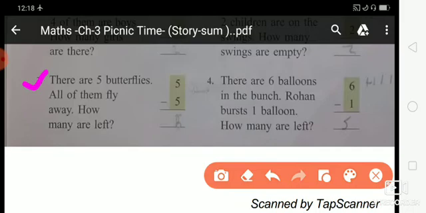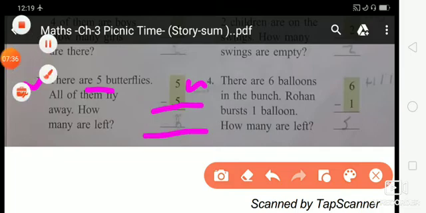How many are left? Again write your number 5.